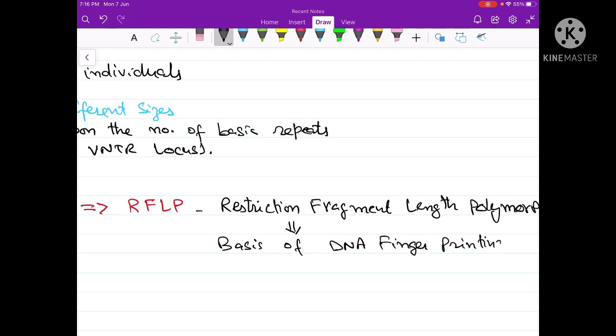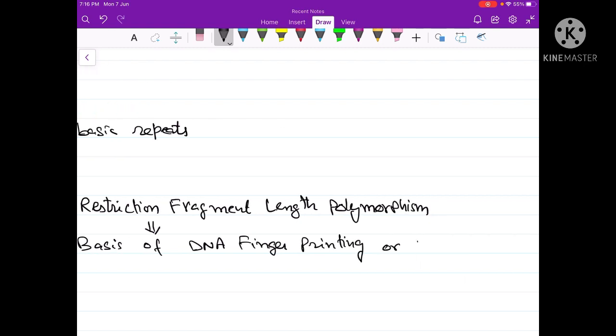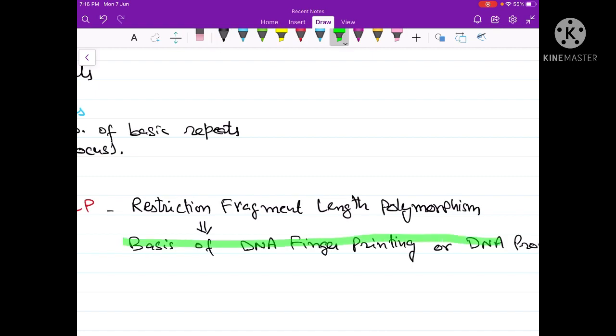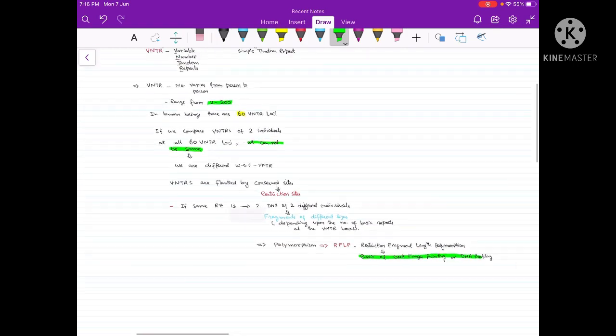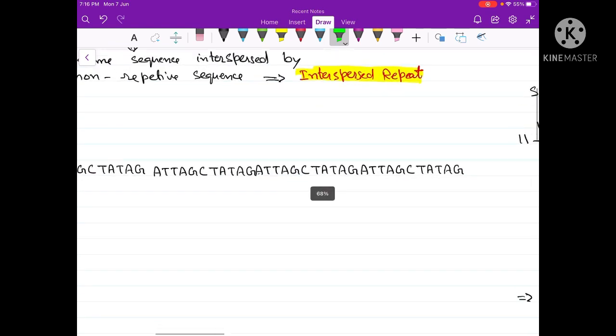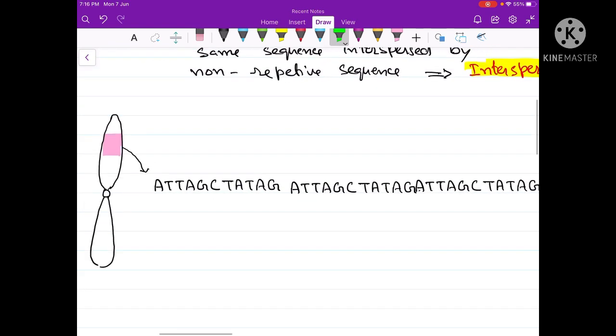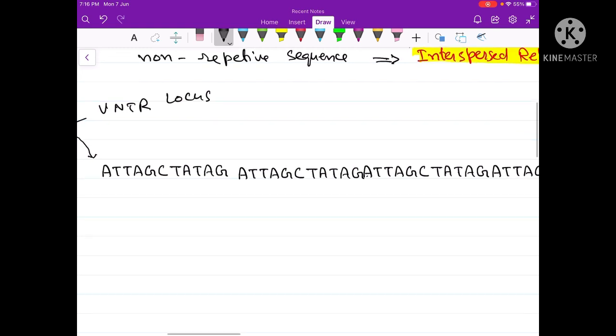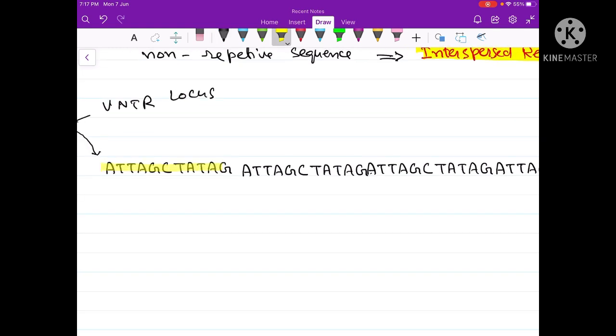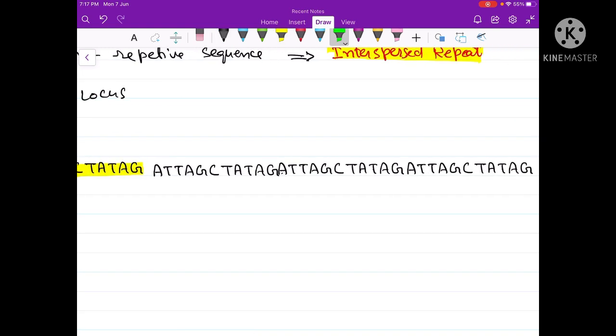This is the basis of DNA fingerprints: when the same restriction endonuclease is used for two different individuals, they will have different sized restriction fragments. Let us study this example. Suppose there is a VNTR locus, and in this VNTR locus is the tandem repeat.